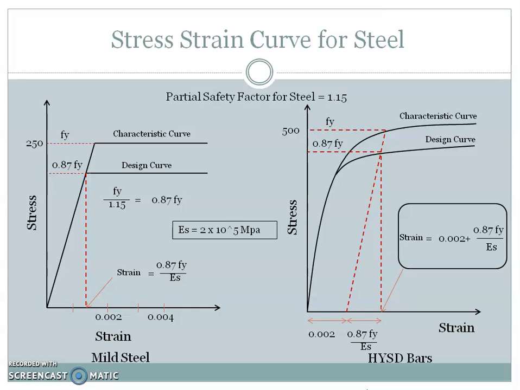even in case of mild steel. We have a well defined yield point, but IS codes specify a uniform criterion for all grades of steel.